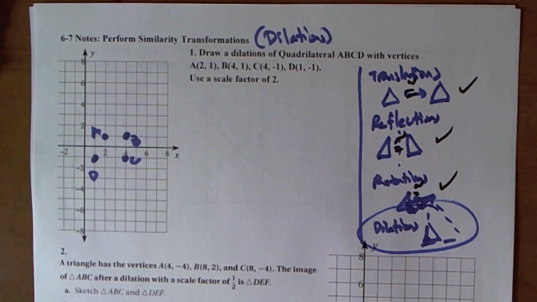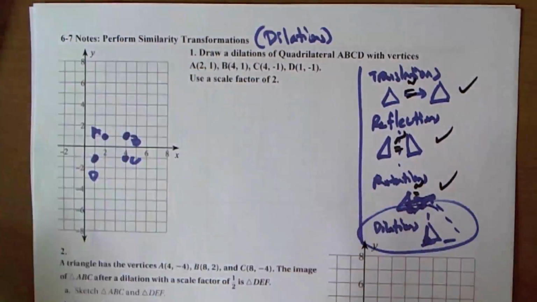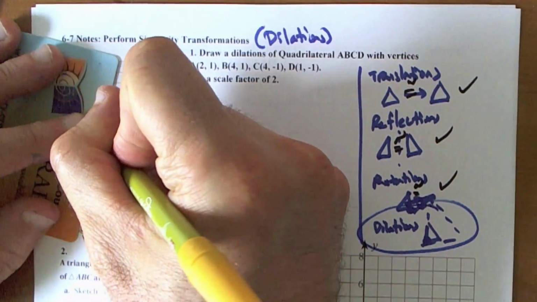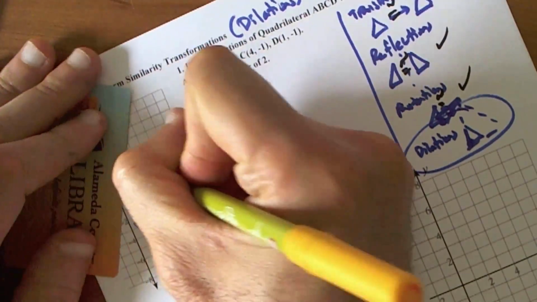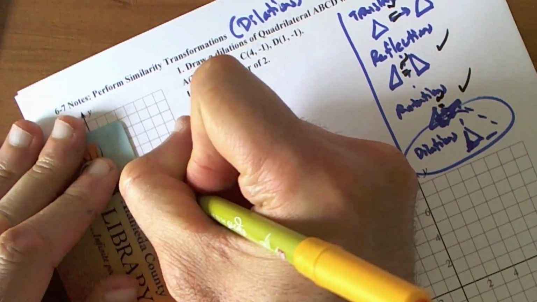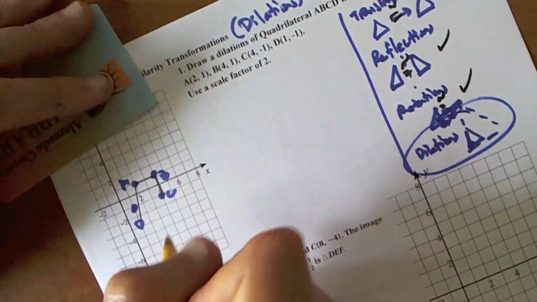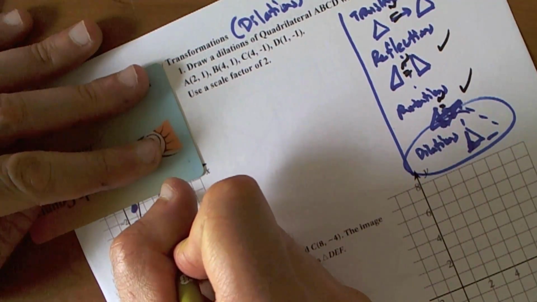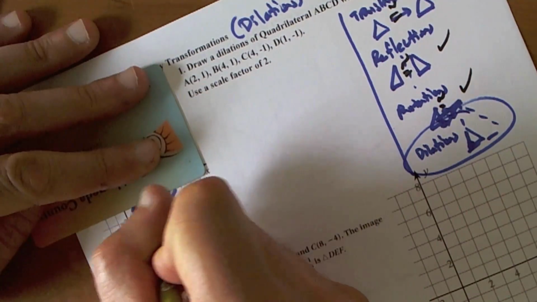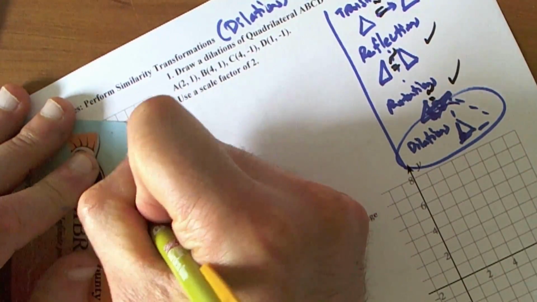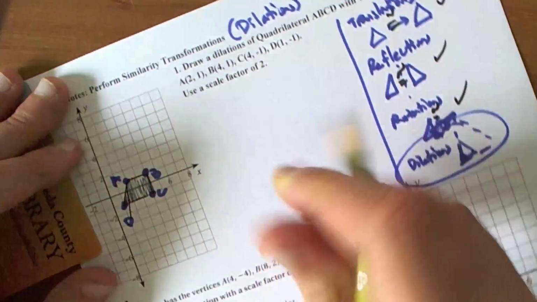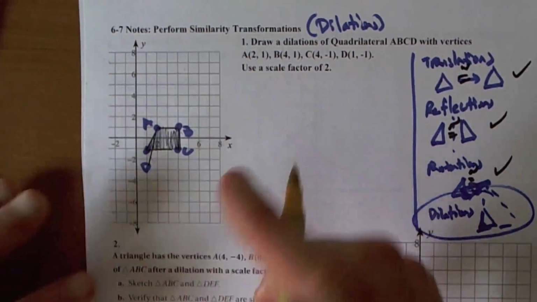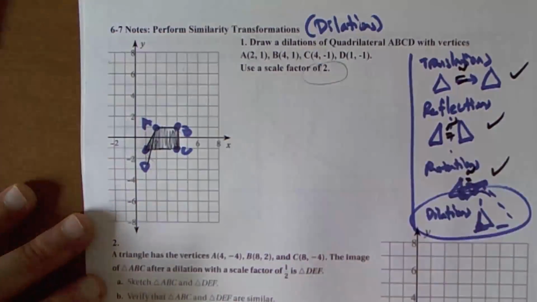And I might use a smaller pen. Oops, sorry, that's a mistake. It should be right here. Sorry, this figure right here. Not that. Okay, so we're going to dilate it with a scale factor of 2.